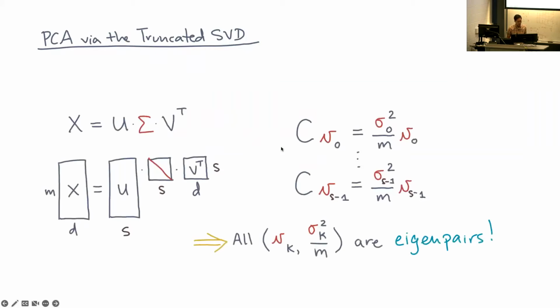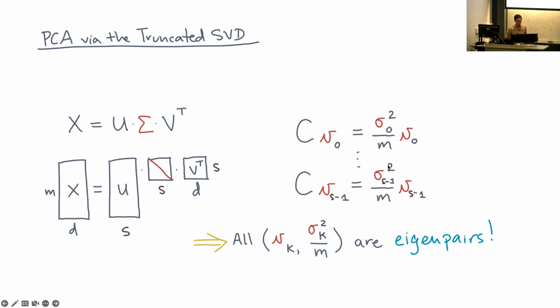Okay, so just, sorry, maybe for this picture: for each column of U, there's a corresponding column of V, which is a row of V transpose, and there's a corresponding singular value. When I substituted them in and multiplied them out, I got this system.